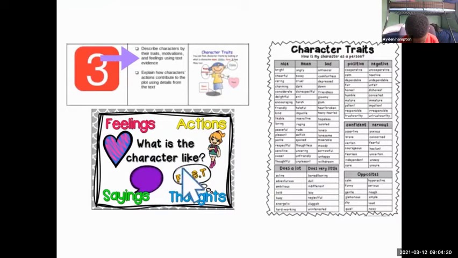What is the character like? What are their feelings? What actions do they have? What did they say? And what do they think? How this relates with our character traits list over here.